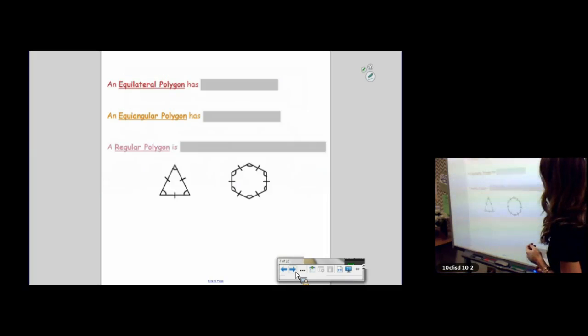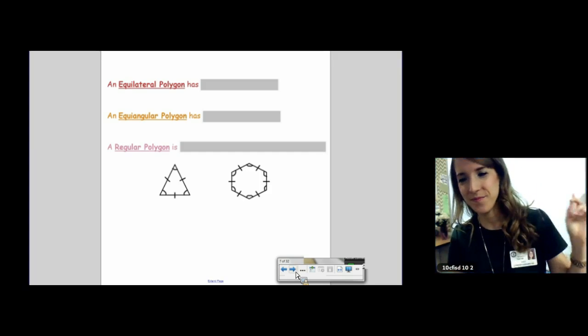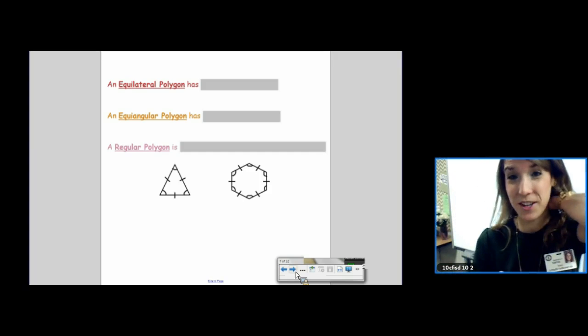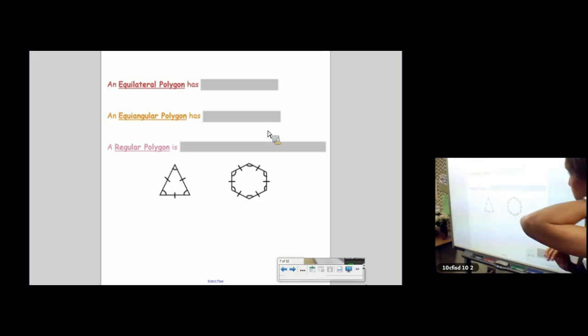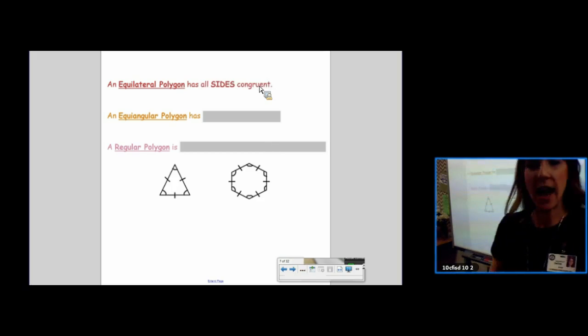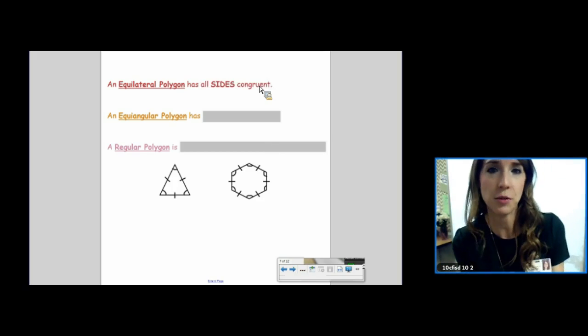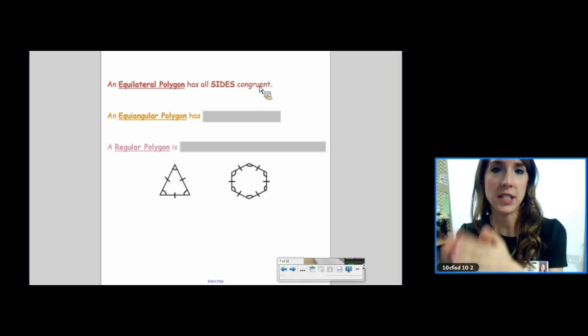All right. Okay, we went over this last semester as well, and that word showed up on your test yesterday, didn't it? An equilateral polygon means all sides are congruent. That's what lateral means. Equilateral, equal size.